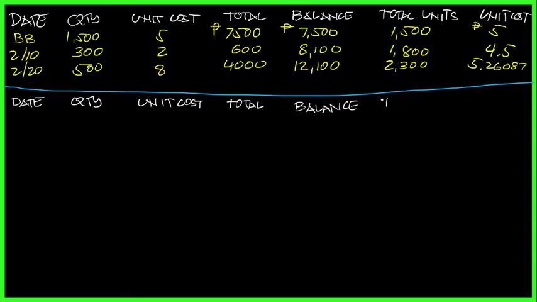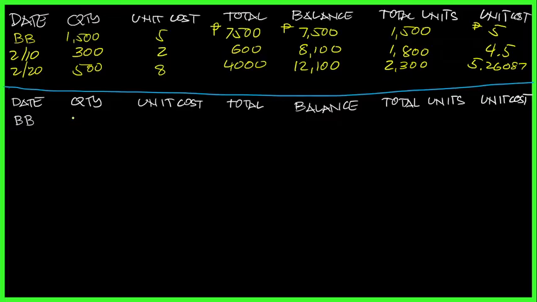You have the balance, you now have your total units. Naglalag na siya. Then you have your unit cost. Wala na, bagal na ang laptop natin. So, ulitin natin, you have the beginning balance. Sige, gamitin natin ng yellow ulit.